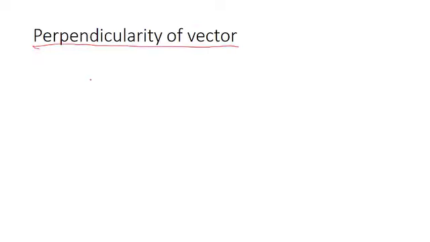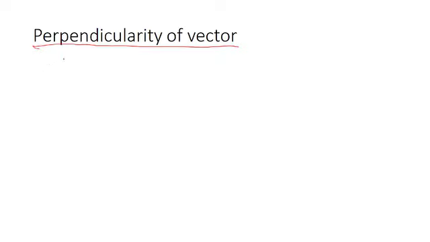Okay, welcome back. Now, we just finished doing justice to dot product of a vector. Now, we want to apply that in looking for a point where two vectors are either perpendicular or parallel to each other.